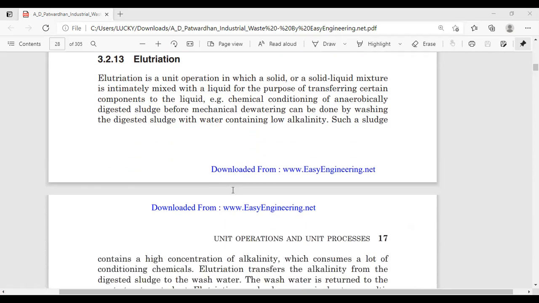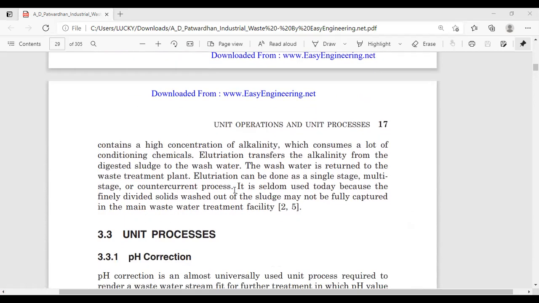Such a sludge contains a high concentration of alkalinity which consumes a lot of conditioning chemicals. Elutriation transfers the alkalinity from the digested sludge to the wash water. The wash water is returned to the waste treatment plant.